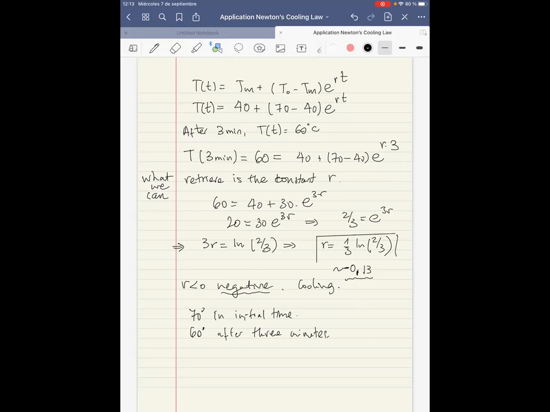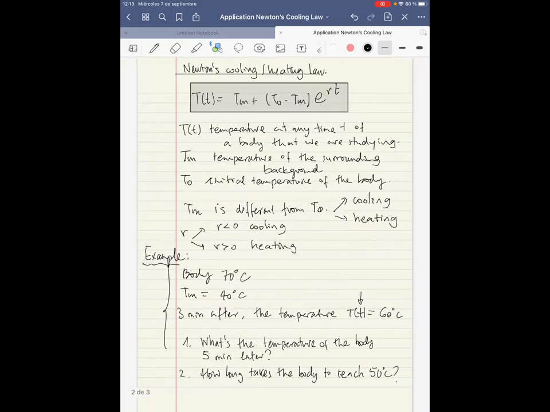Now that we have R, we can respond to the questions they are asking us. Remember, the first question was: what's the temperature of the body 5 minutes later?